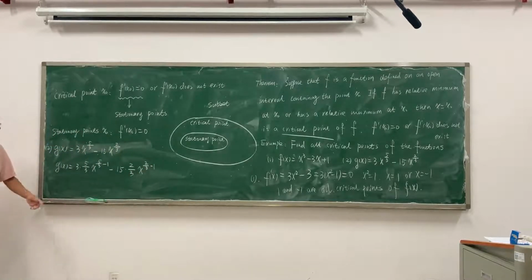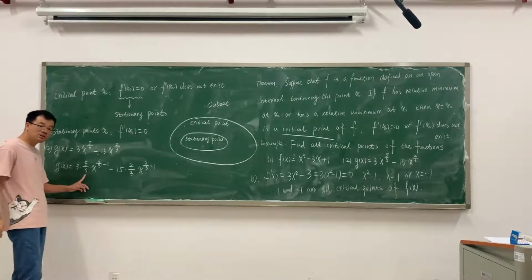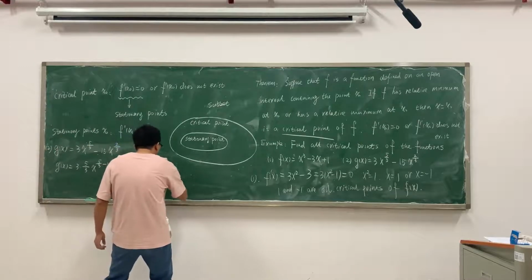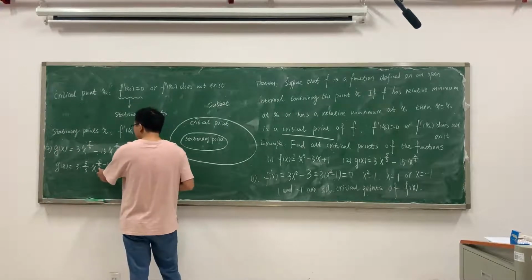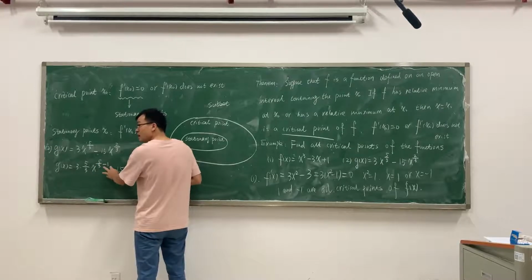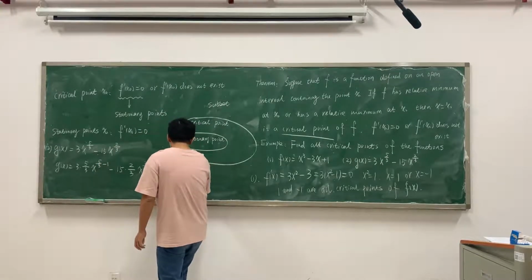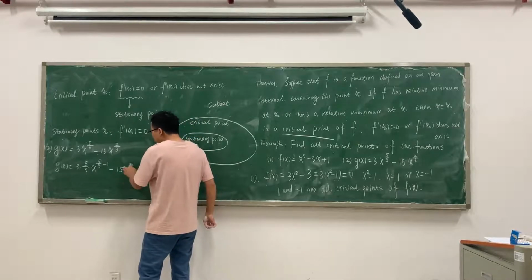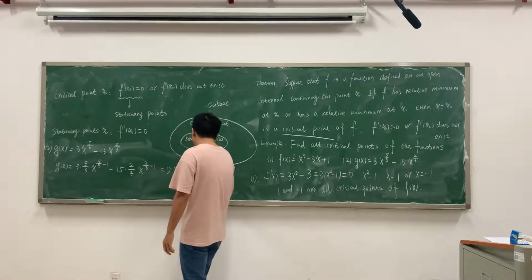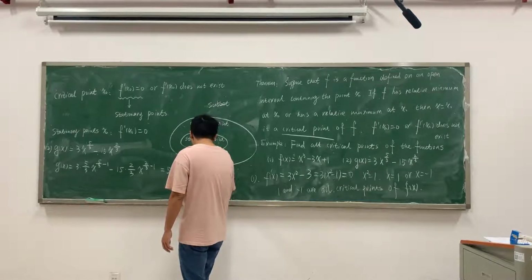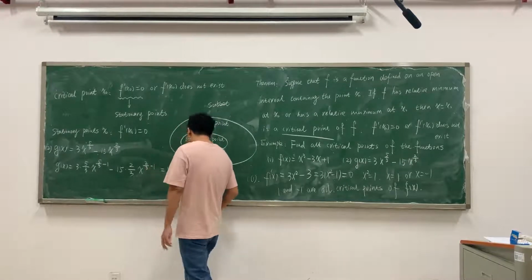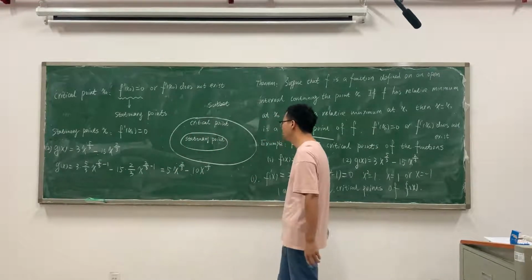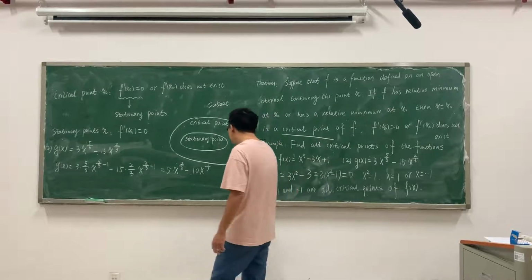So this equals 5 times x to the power 2/3 minus 10 times x to the power minus 1/3.